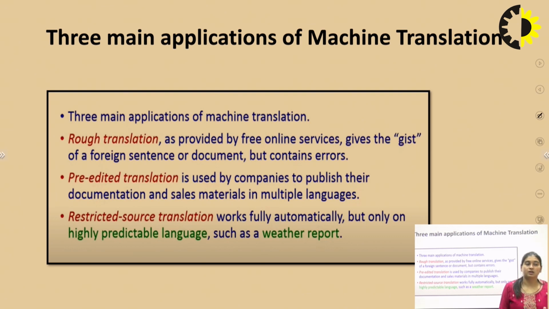Pre-edited translation is used by companies to publish their documentation and sales materials in multiple languages. And the third application of MT is restricted source translation, that works fully automatically but only on highly predictable language such as weather reports.